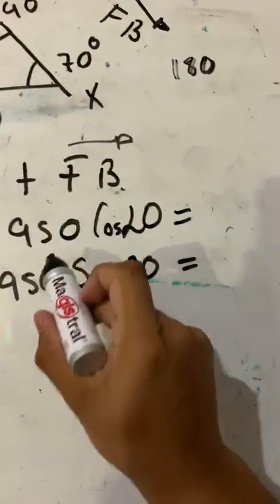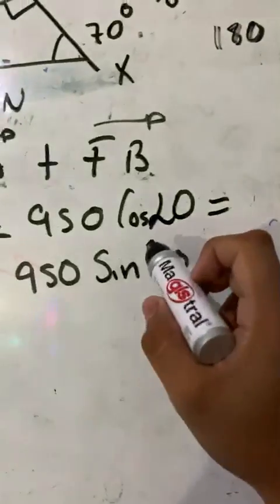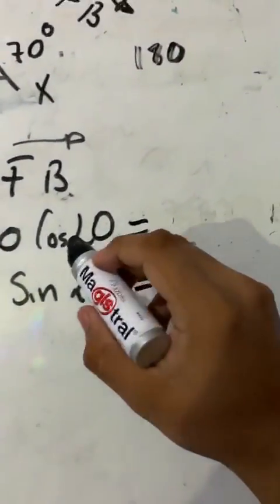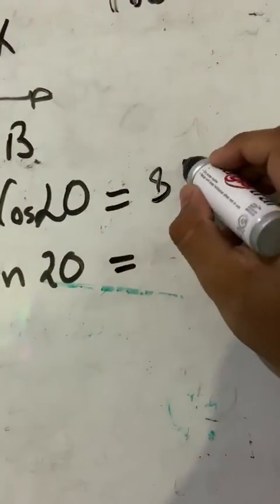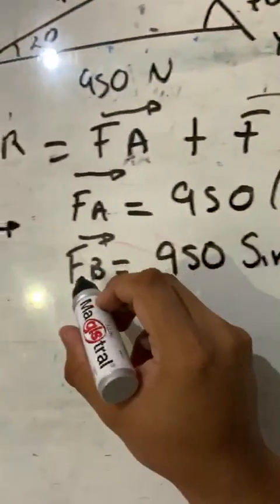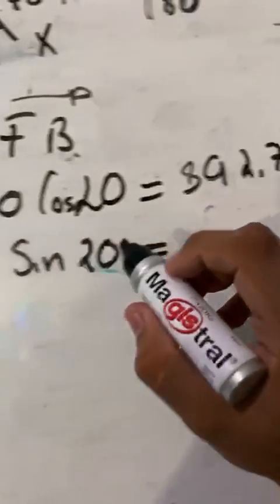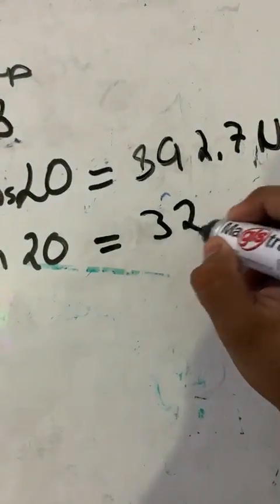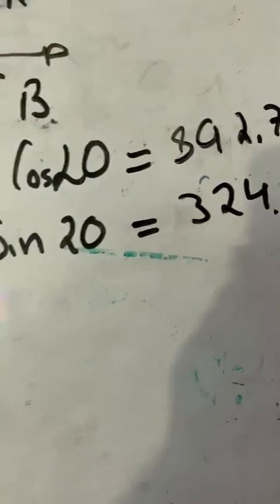So if I do this operation in my calculator, we have 892.7 newtons, and for force B we get 324.9 newtons.